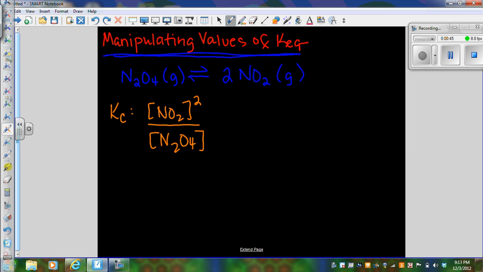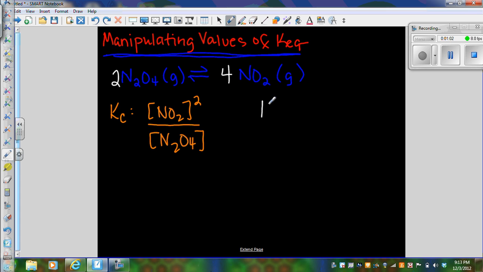Now, let's say we decided to multiply this equation by a coefficient of 2. So now we'd have 2 moles of dinitrogen tetroxide and 4 moles of nitrogen dioxide.